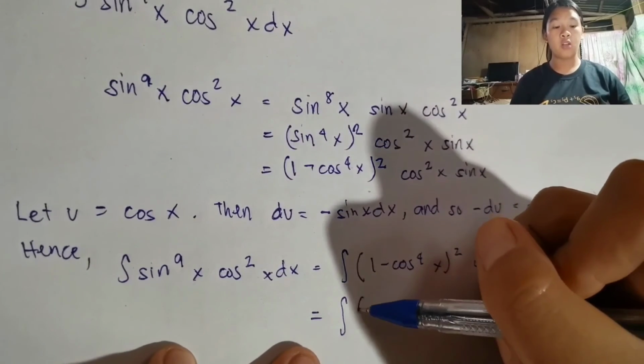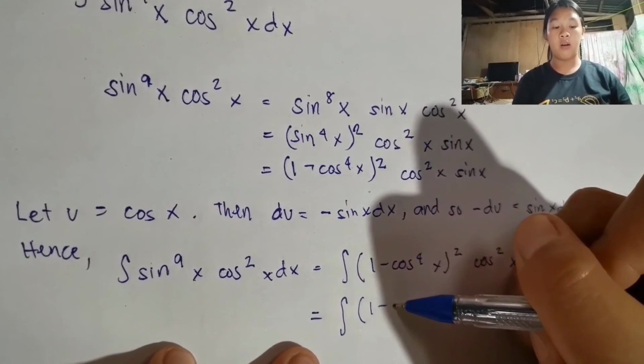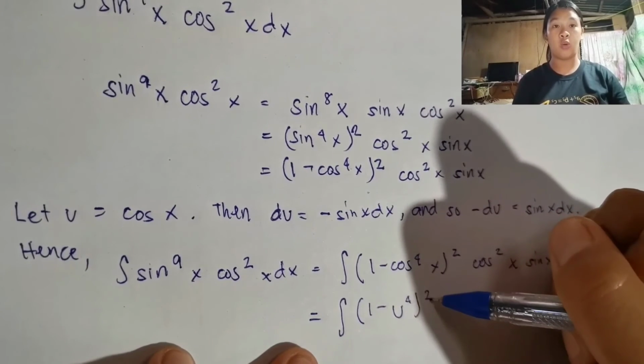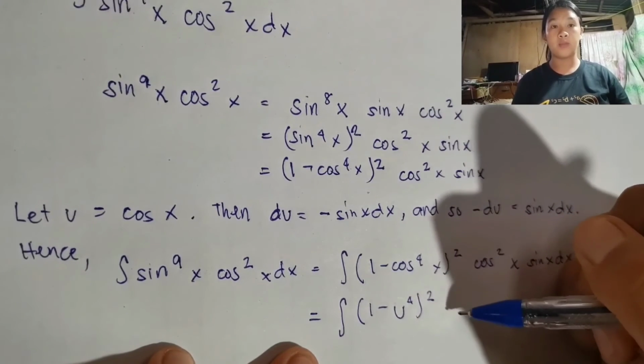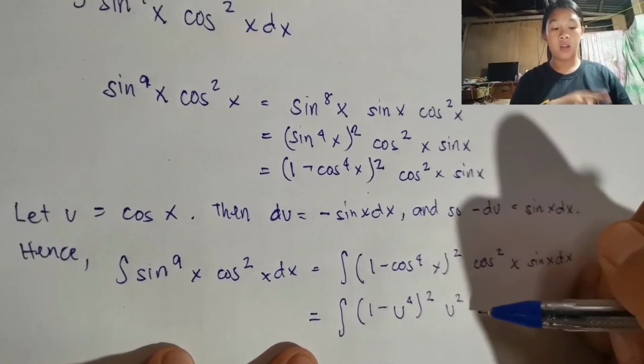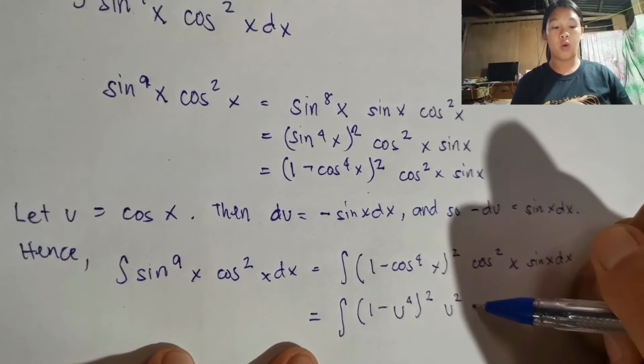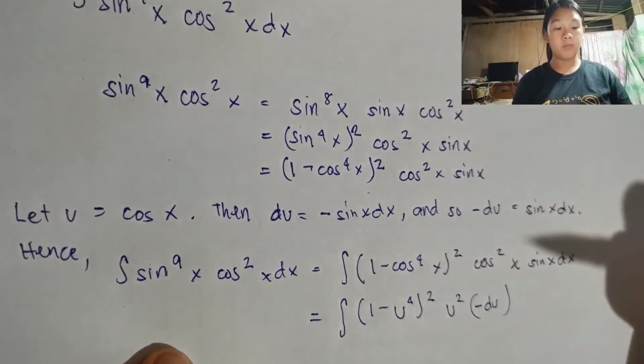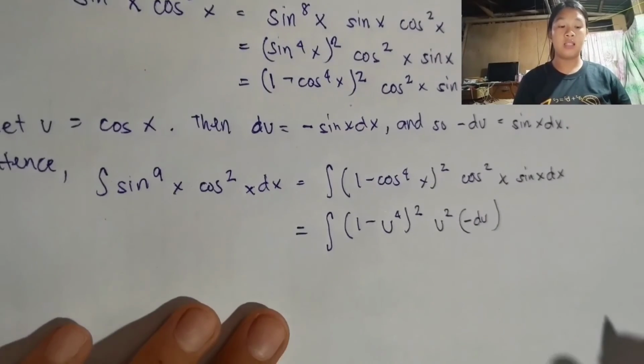So the next thing to do is the integral of 1 minus cosine raised to the power of 4, and the cosine x here is u, so we write u, then copy the exponent, squared, then cosine squared becomes u squared, and our sine x dx here is negative du.